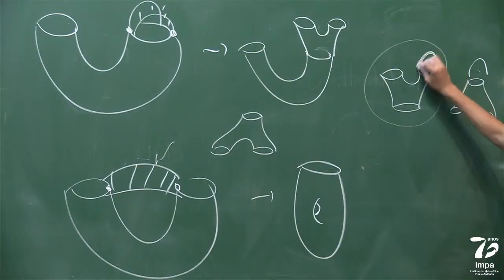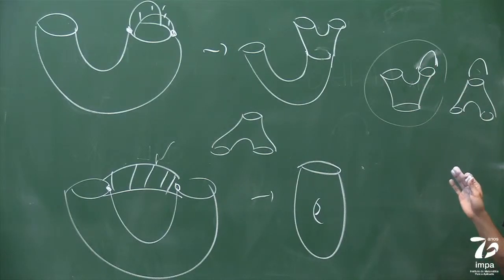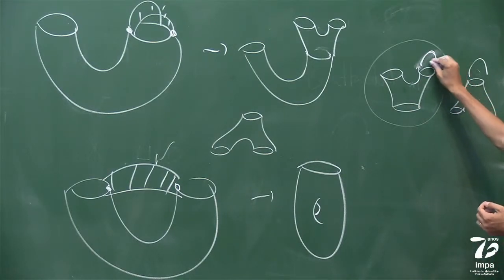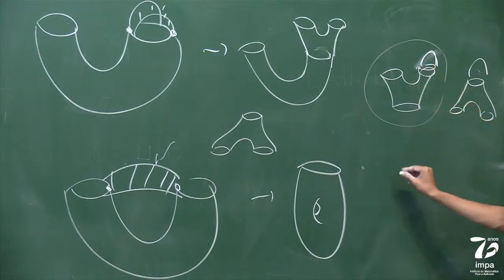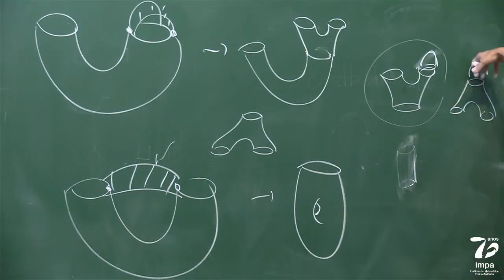If you cap one of these guys, then it's the same as doing nothing. If you have a one handle like this, and you attach a two handle like that, that's the same as just having a cylinder, which is doing nothing to the topology. But if you have a handle like this, and you cap, then you're done with this piece. Then you can't do anything else here.